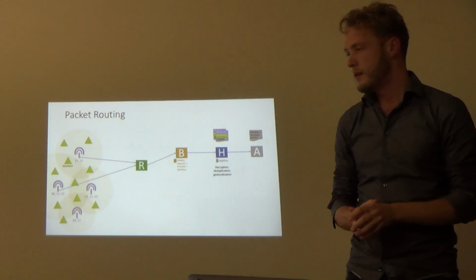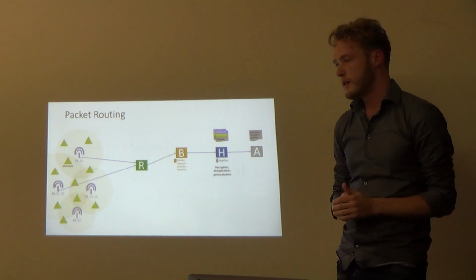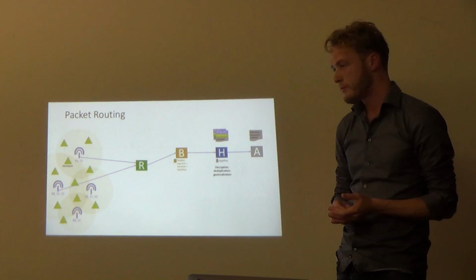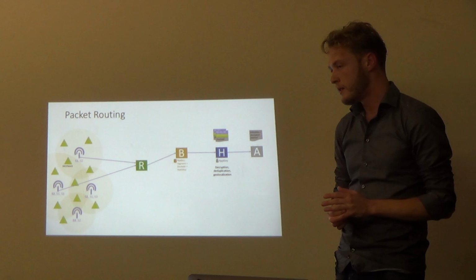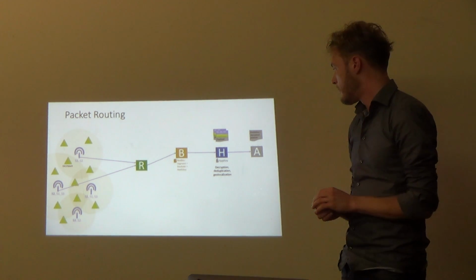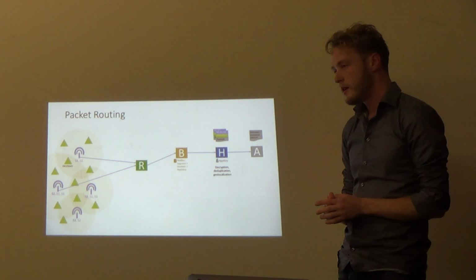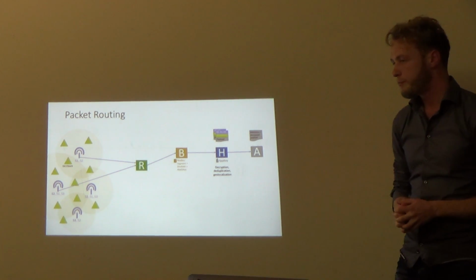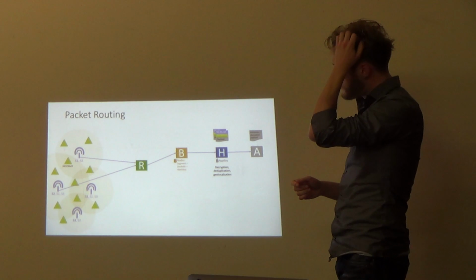So if your device sends signals, gets picked up by multiple gateways, gets handed onto multiple routers, handed onto multiple brokers, it's then a single handler where everything goes back together, and that's a unique one for each application.